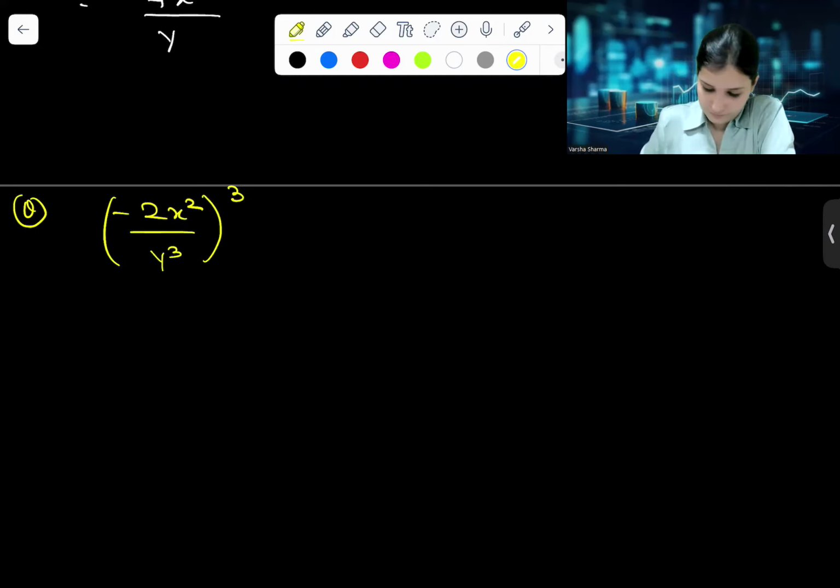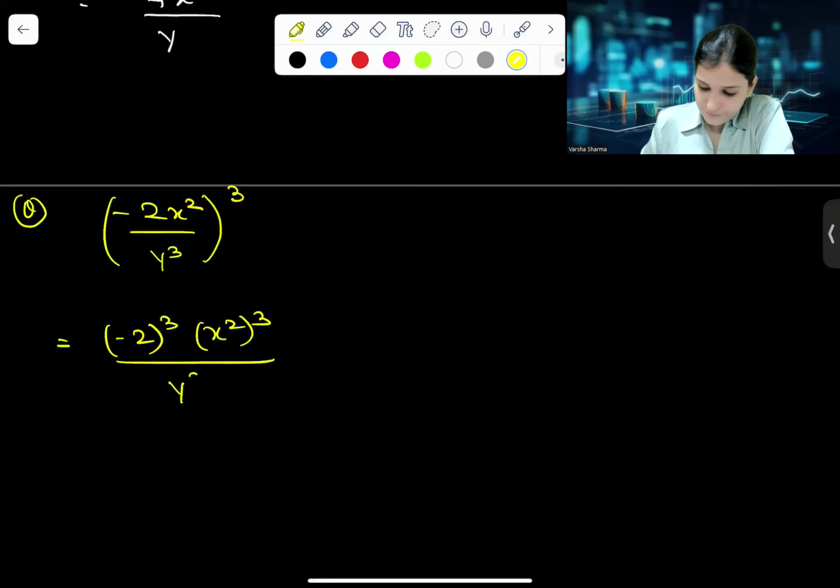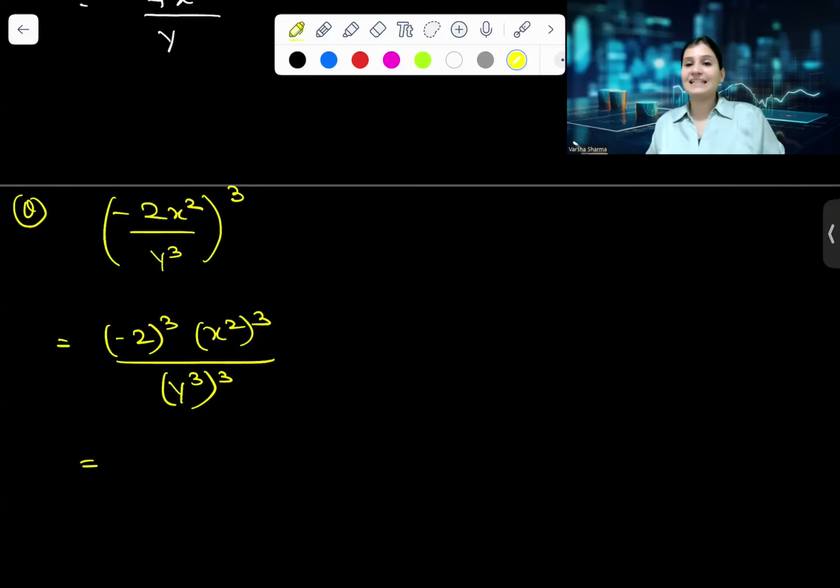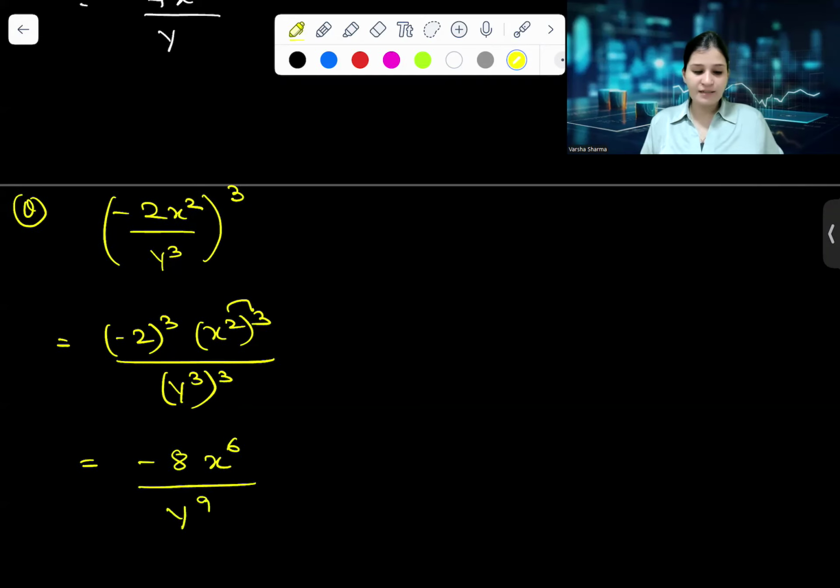Ma'am, -8 x to the power 6 by y to the power 9. Perfect. So the power will be given to everyone. Same floor, so it gets multiplied. -2 multiplied 3 times will give me -8. X, 2 and 3 gets multiplied will give me 6. 3 and 3 gets multiplied, it will give me 9. Yes? Any doubts? No, ma'am.